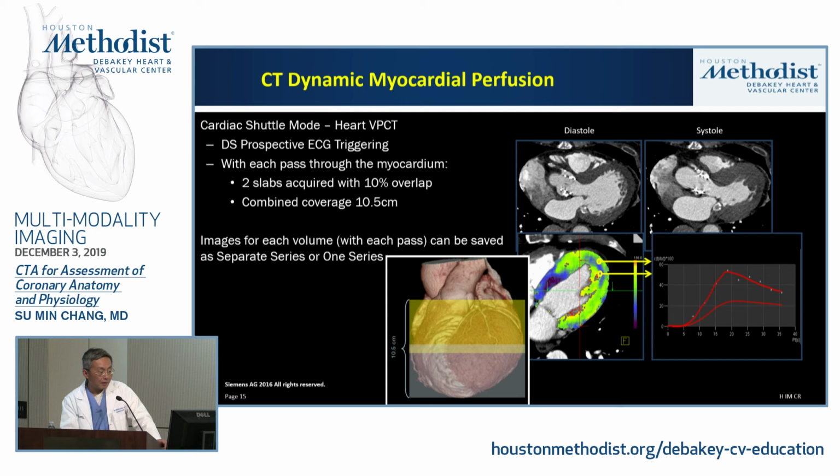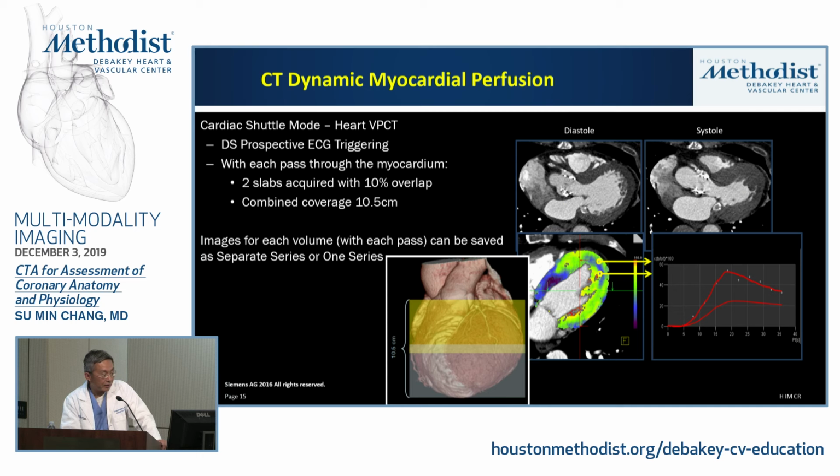Same thing with MRI perfusion. You can do dynamic perfusion and track the contrast wash-in and wash-out, and you can have a time intensity curve, as you see here. And you can technically calculate flow reserve. This obviously is not done routinely.